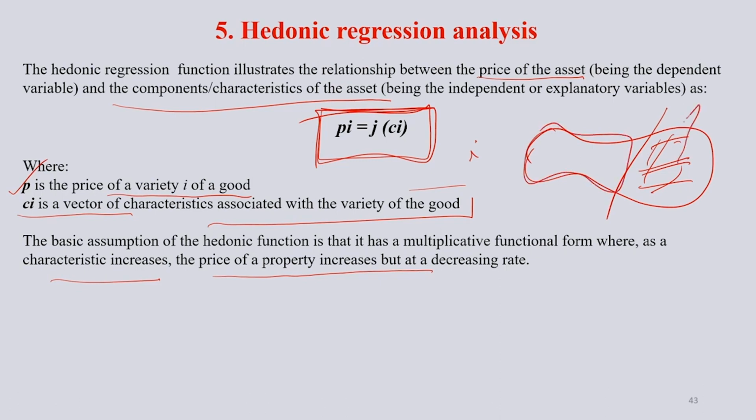But as there is a project coming, this will also have an effect on the surrounding area, even if, suppose, at the beginning it is not having any impact, but in the long run it can. People will become a little bit conscious about that. They will think twice before getting that particular property or buying something there. So the price of that particular land will keep increasing, but at a decreasing rate.